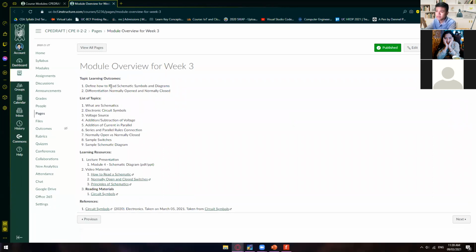But reading a schematic actually depends on the circuit or the components in your project, so I will just introduce the symbols and some of the components. And for the second one, the differentiation of normally open and normally closed switches.